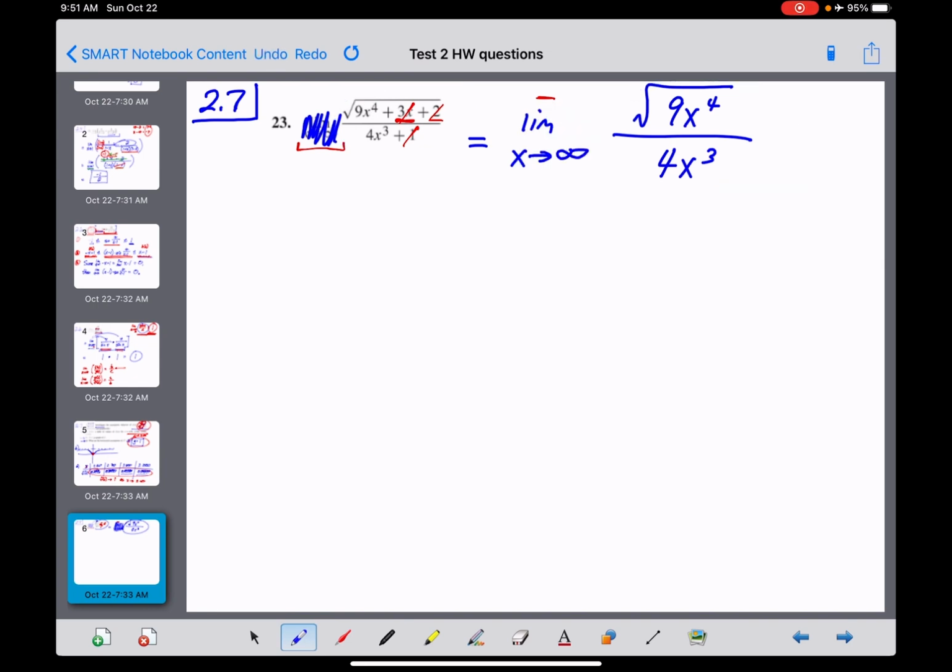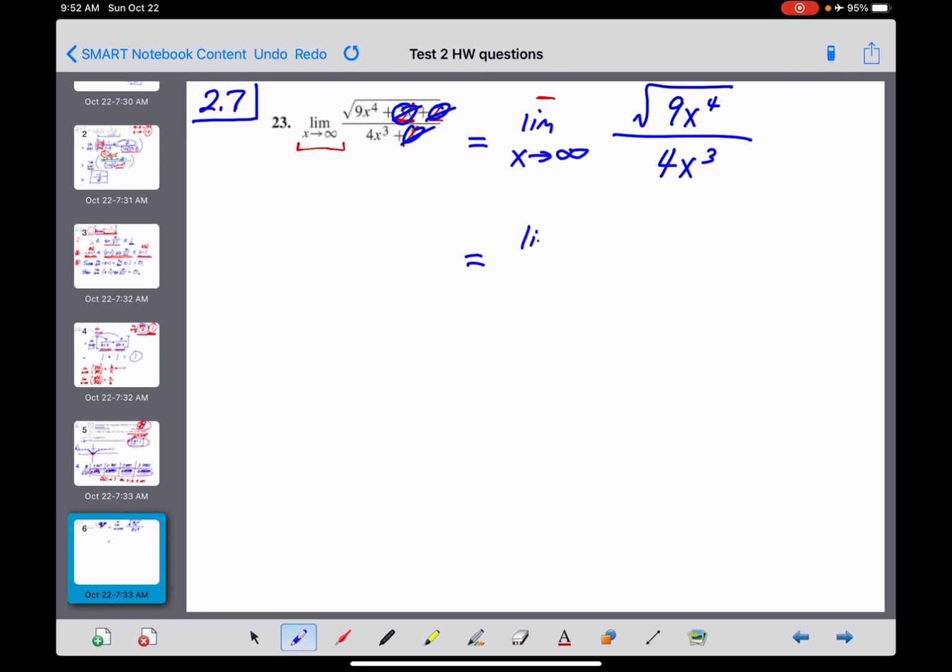But since this is a limit question, we're not really dealing with all the exact details of each particular one. We only care about what happens when x gets really big, so these three terms then can be kind of sacrificed, I guess. They can be neglected. And these two limits are the same.